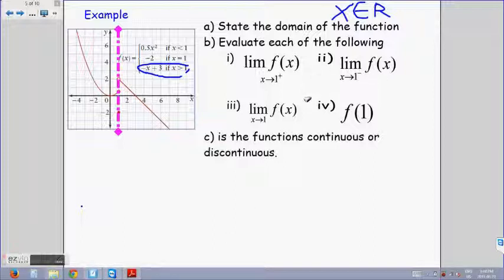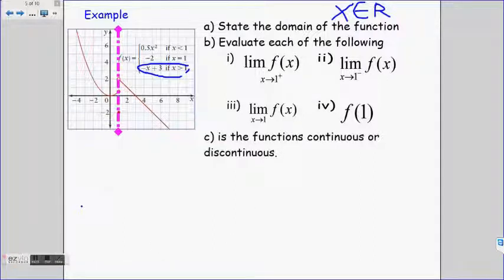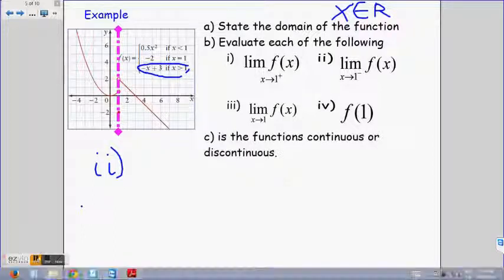Looking at part II now. Let's first observe the graph, and we'll do this graphically. From the negative direction, we can see that it approaches the value of a half. You can see that that's about a half right there.